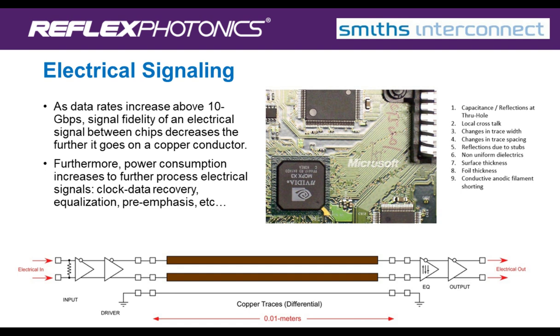One of the reasons for looking towards an optical solution is simply that as data rates get higher than, say, around 10 gigabits per second, moving towards 25 gigabits per second, transmitting electrical signals over any reasonable distance, I write in here 0.01 meters, 10 centimeters, so 4 or 5 inches, becomes progressively more challenging in terms of keeping signal integrity, but also in terms of how much power you're using to decode or just open the eye diagram of the electrical signal.